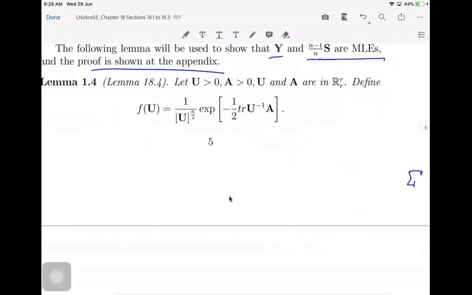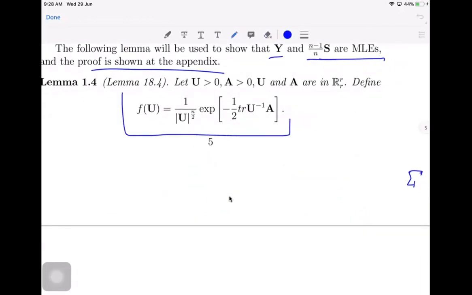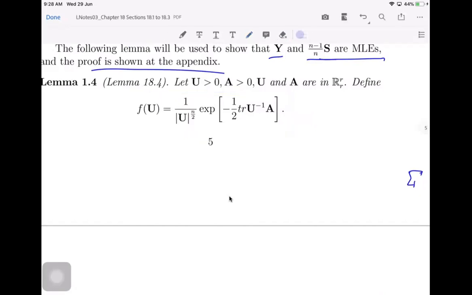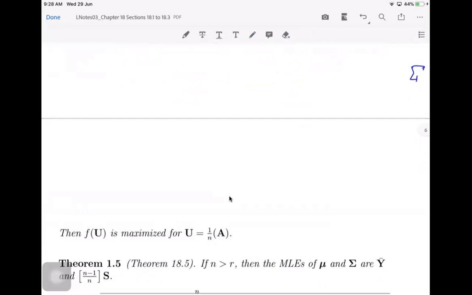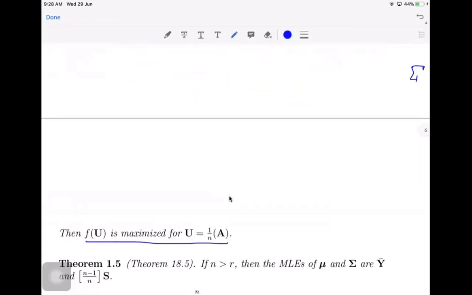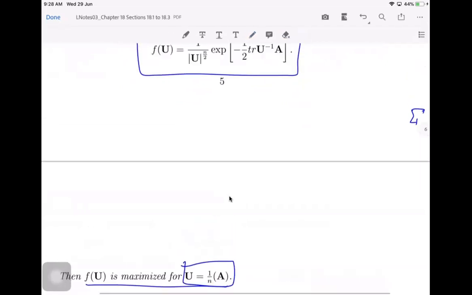Here, this is an important result so that you can show that the density function is maximized at this value.